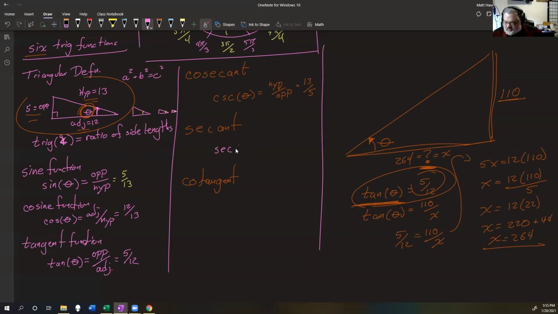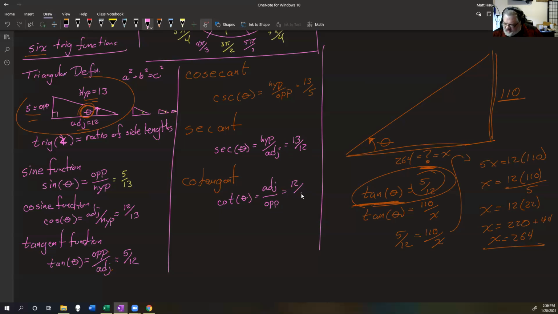The secant, instead of being the adjacent to the hypotenuse, is the hypotenuse in ratio to the adjacent. Same relationship as cosine, just the reciprocal orientation. Cotangent, similarly, is the reciprocal of tangent.